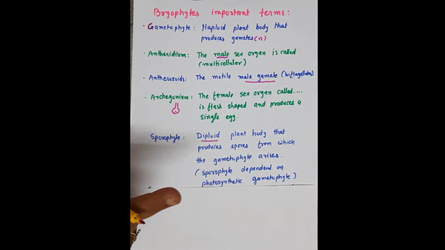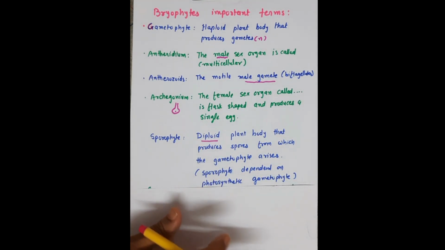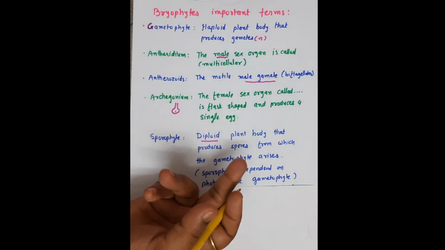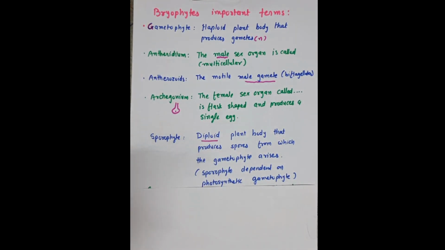Remember, this is only for bryophytes. In the remaining pteridophytes and gymnosperms, the sporophytic phase is main and the gametophytic is dependent. Only in bryophytes the gametophytic phase is the main photosynthetic one and the sporophyte depends on the gametophyte.